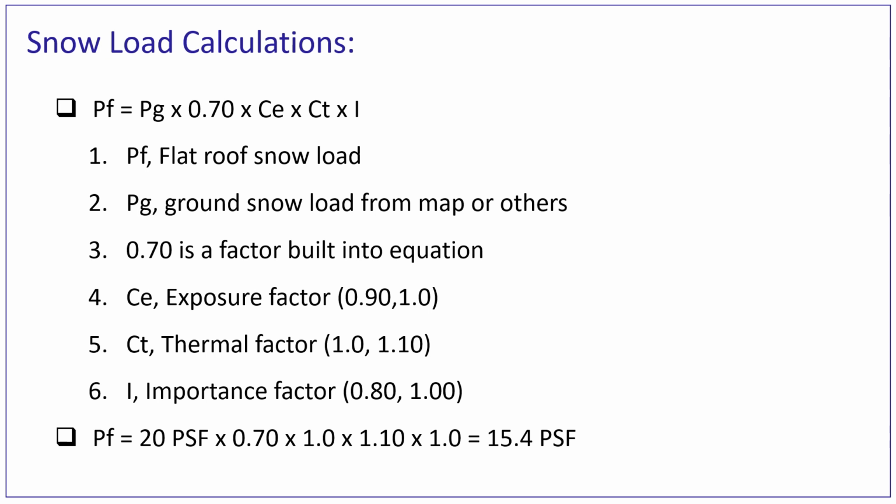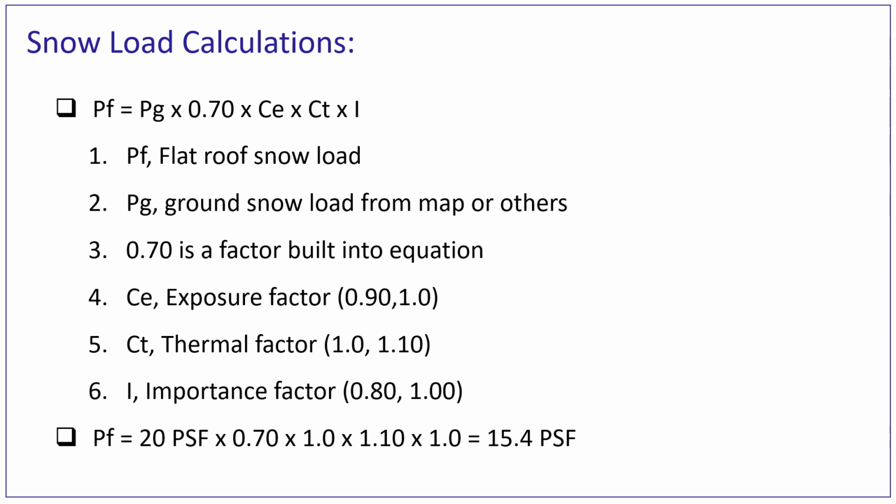P sub F, flat roof snow load, equals P sub G, the ground snow load from the map, times 0.7, a factor built into the equation, times C sub E, exposure factor, typically 0.9 or 1, times C sub T, the thermal factor, typically 1 or 1.1, times I, the importance factor, typically 0.8 or 1.